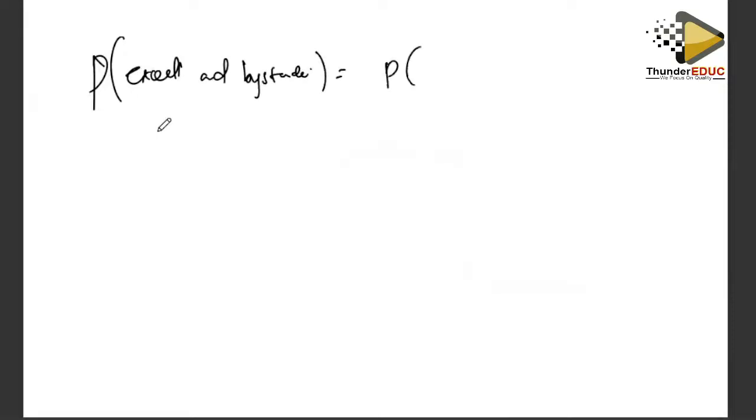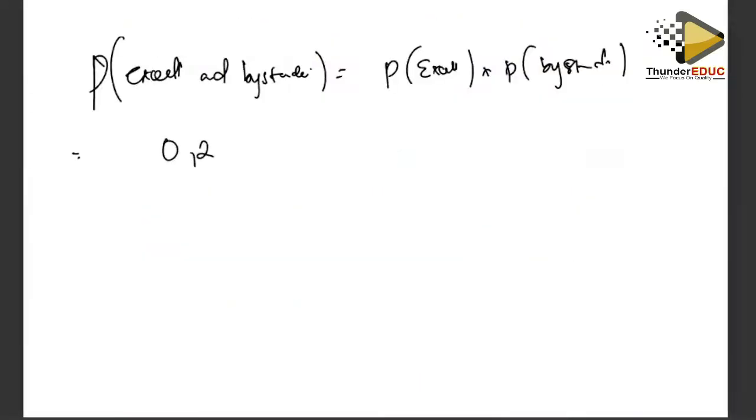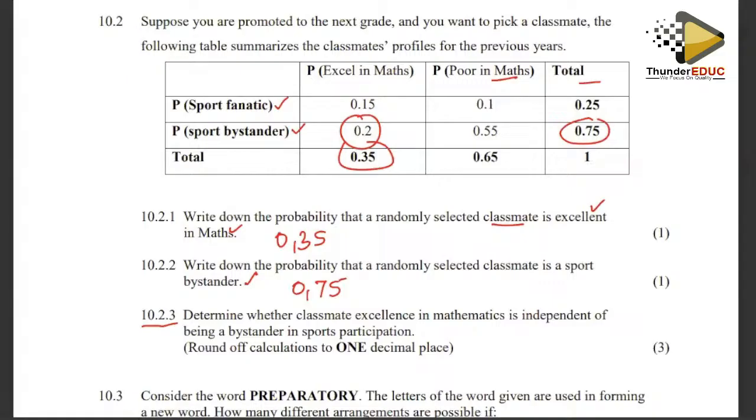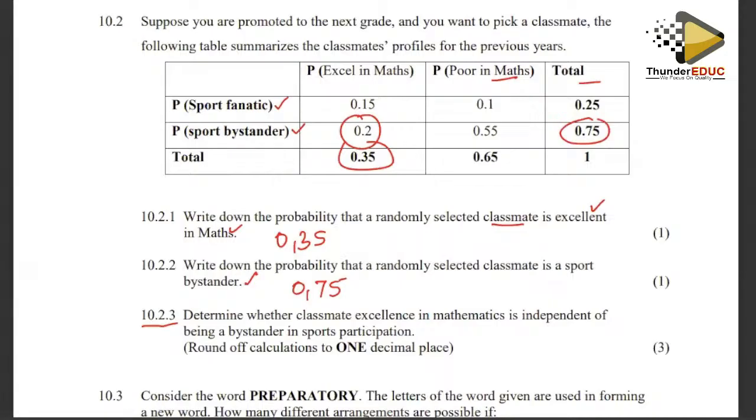It should be the same as probability of excelling times the probability of bystanding. Okay, so probability of excelling and you're a bystander is 0,2. Probability of excelling is 0,35. Probability of being a bystander is 0,75.